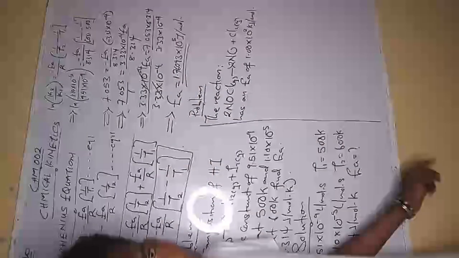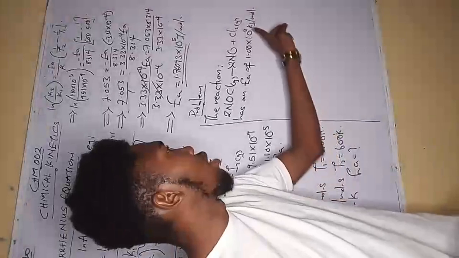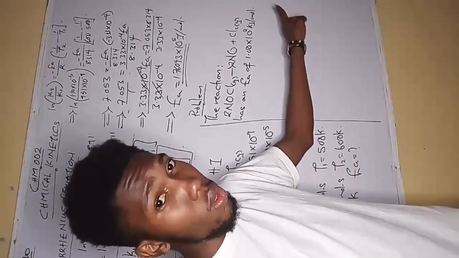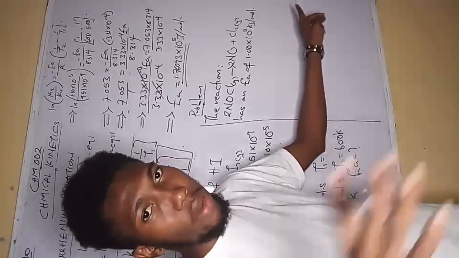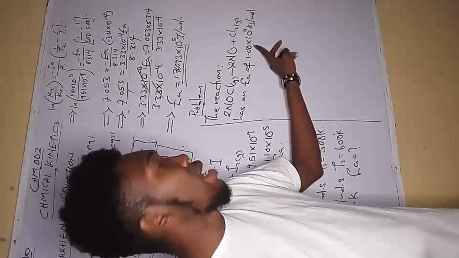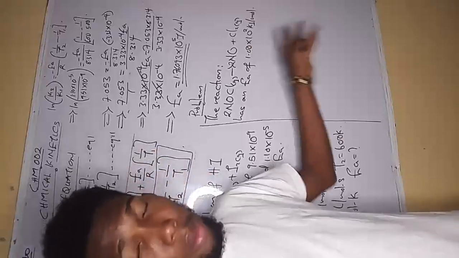Please take note, they gave you this in kilojoules per mole. You have to convert it to joules. Yes, I just like giving you something like microfarad and micro something. Kilojoules, you have to times this number here by 1000 to get it in joules per mole. Okay.